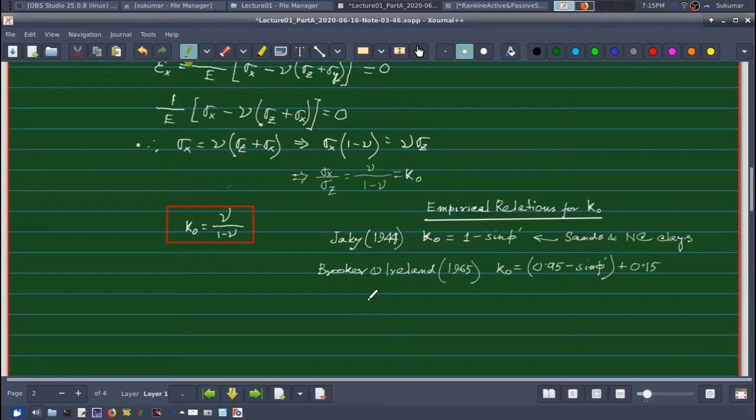Similar to this value actually, 0.95 plus 0.15 gives me 1.1. So instead of 1 they have given 1.1.